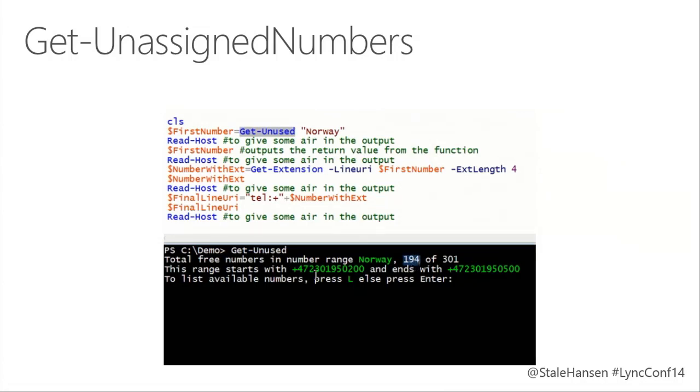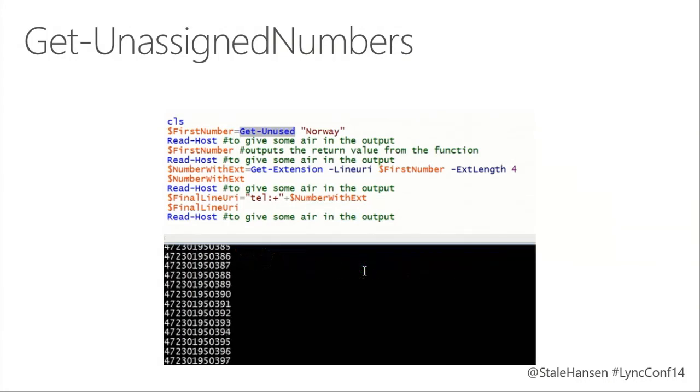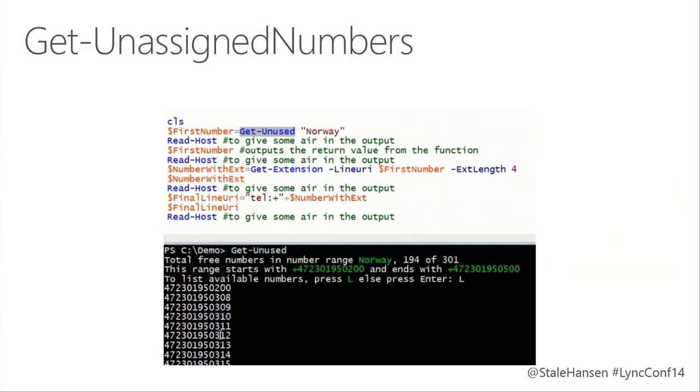It will list how many numbers are available in the range, how many numbers there are in total, and what the start and end numbers are. You can also list all the available numbers within that range, or just skip to the next number range and list those numbers if you want to. So it's an easy way to find all available numbers within a solution.